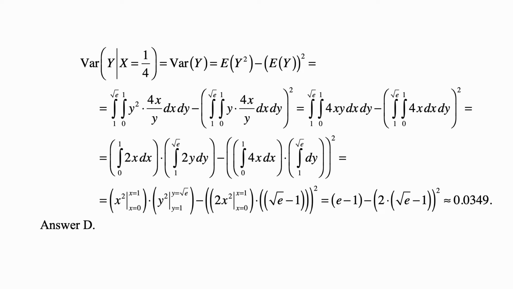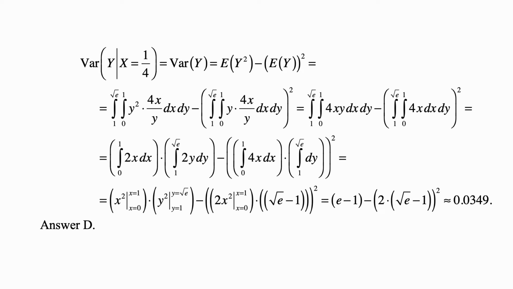And E of Y squared is the integral from 1 to square root of e, with respect to y, of the integral from 0 to 1 with respect to x of y squared times the joint density 4x over y.